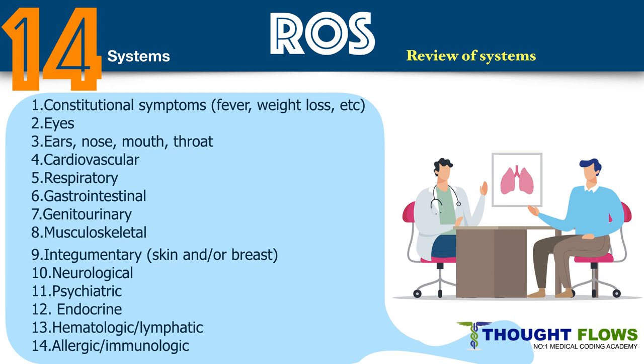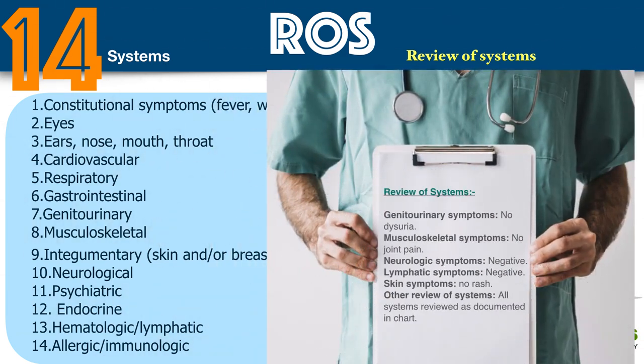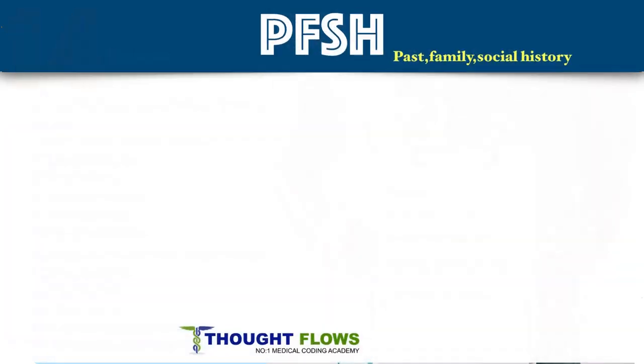We have to check how many systems the doctor reviewed out of these 14 systems. For example, in this sample you can see the doctor did genitourinary symptoms like there is no dysuria, and musculoskeletal symptoms there is no joint pain, and neurological and lymphatic is negative, and for skin he has no rash. Likewise you check the documentation for how many systems are reviewed for the patient.